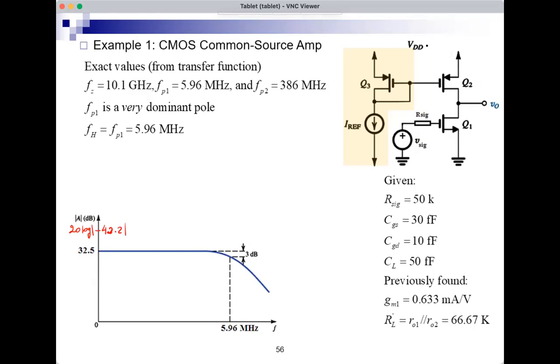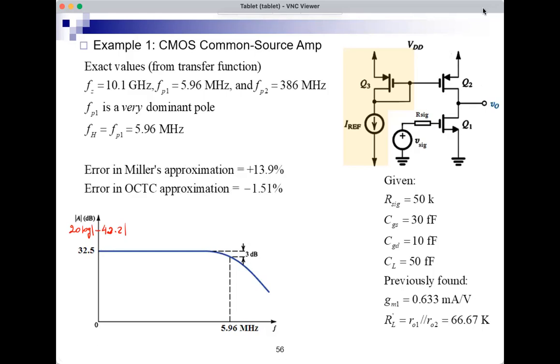So let's now see how accurate were the estimates of Miller and OCTC. So if this is the exact, the OCTC gave us a pretty close estimate, 5.87.